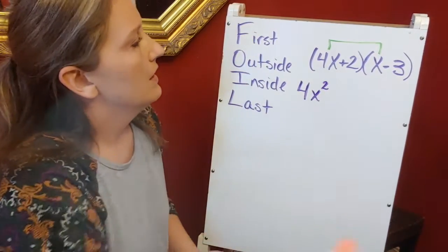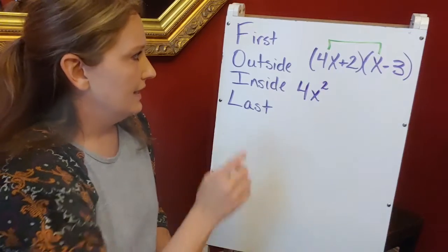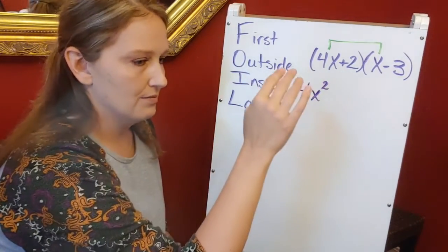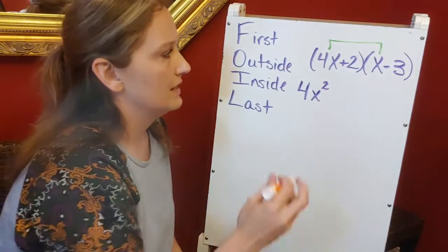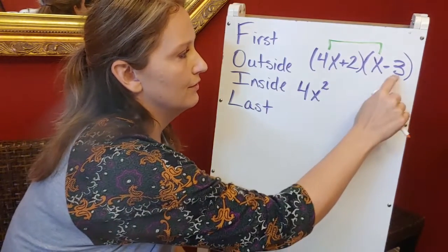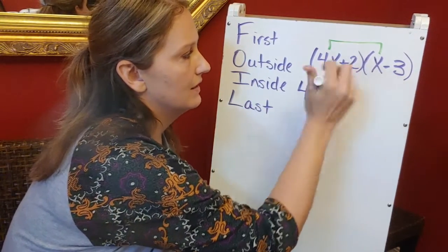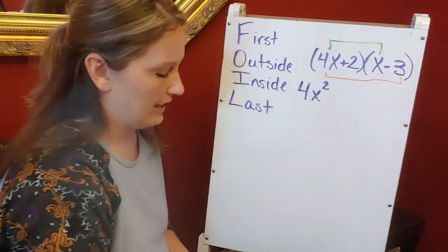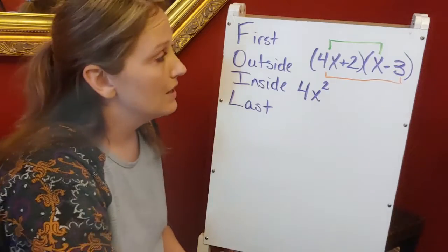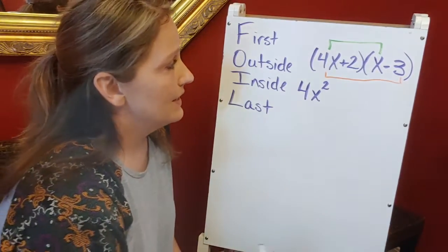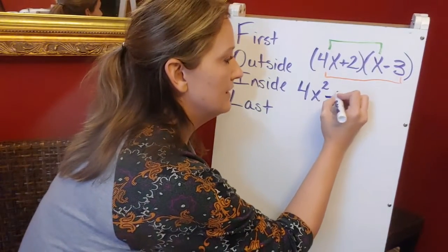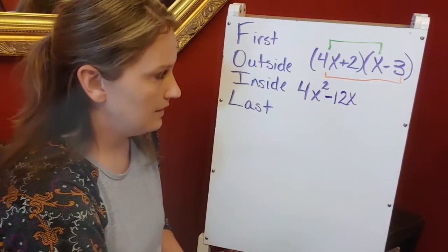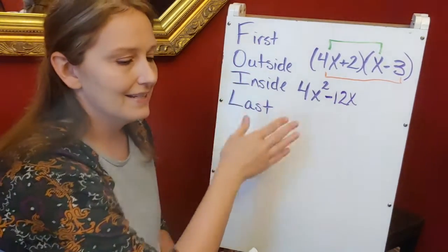Then the outside. O is the outside. You're doing the outside terms in both sets of parentheses. So my outside terms are the first and the last. So 4x and that -3. 4x times a -3 is minus 12x.